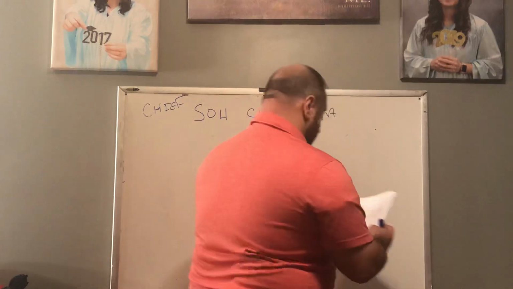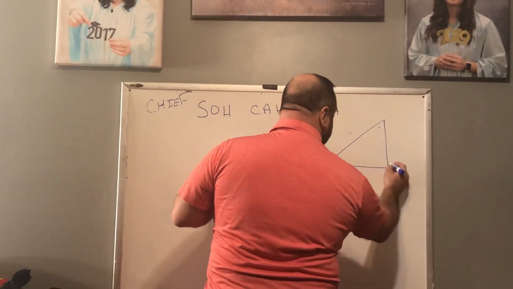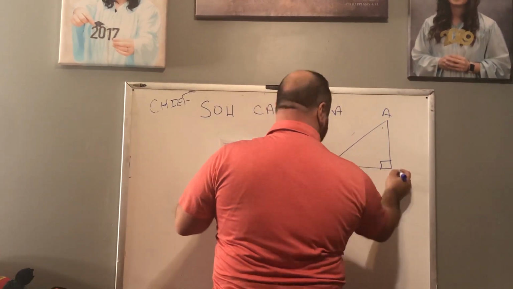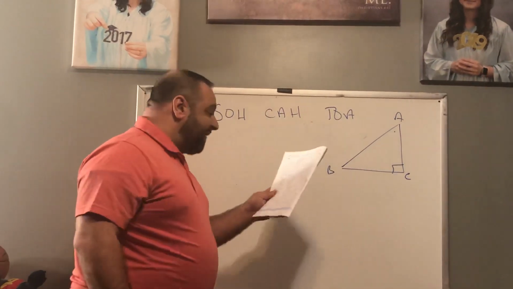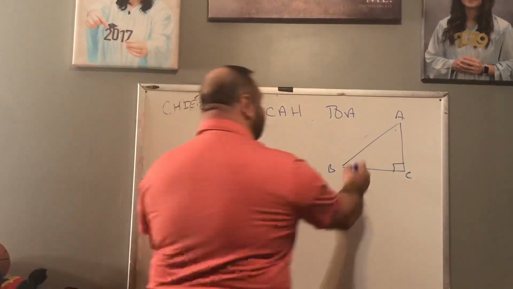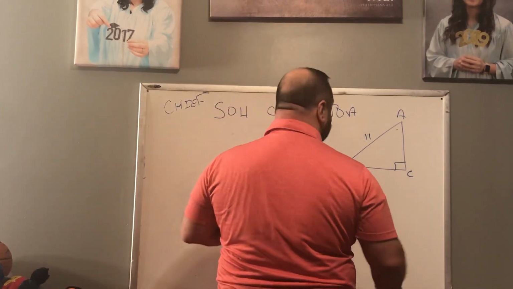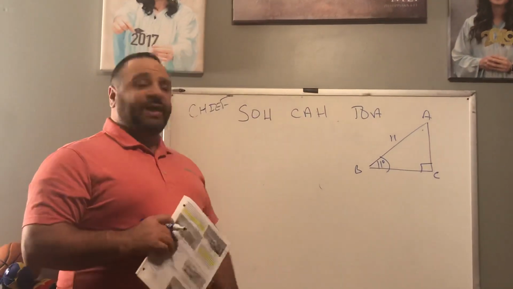Okay, I erased my triangle. This is A, B, C. This is for number 5 and number 7. So number 5, AB is 11, and the measure of angle B is 11 degrees.